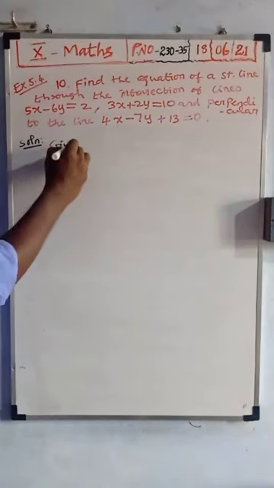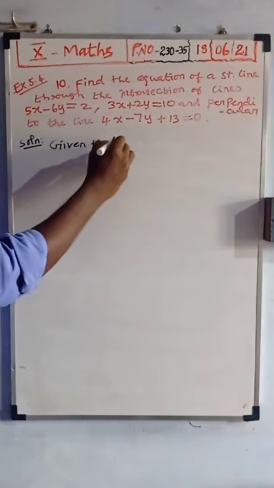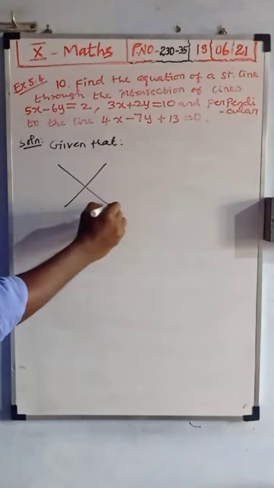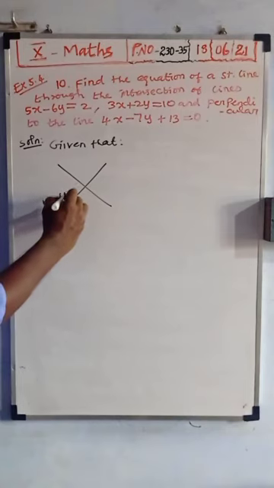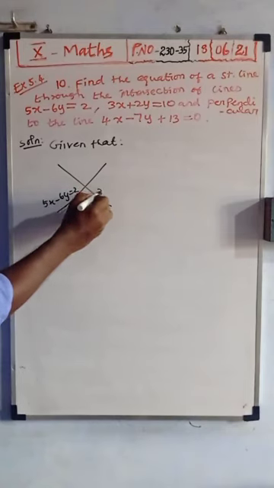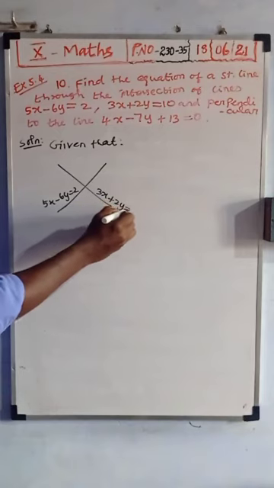Now see, according to the given information, the first line is 5x minus 6y is equal to 2 and the second is 3x plus 2y is equal to 10.